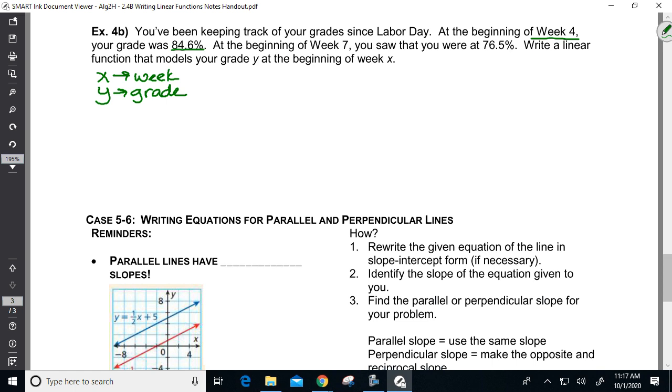So that means one of your points is 4, comma, 84.6. Week 7, 76.5. So now you've got 2 points. We've extracted the information out. We interpreted what they gave us. We now have our 2 points. Any questions before we continue?